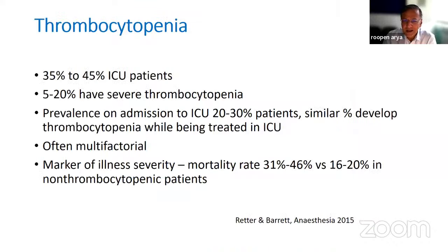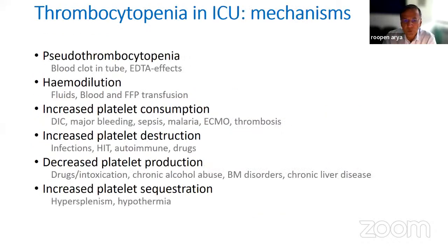Again, a large proportion of critical care patients are thrombocytopenic, and the prevalence on admission to critical care is very high. I'm sure, in some of your patients in Sri Lanka, for example, with dengue or malaria, this is a big factor and is a marker of illness severity, and is linked very clearly in the evidence to a worse mortality.